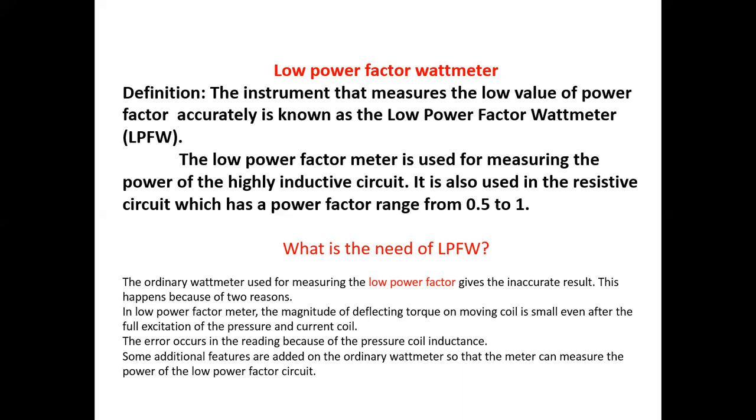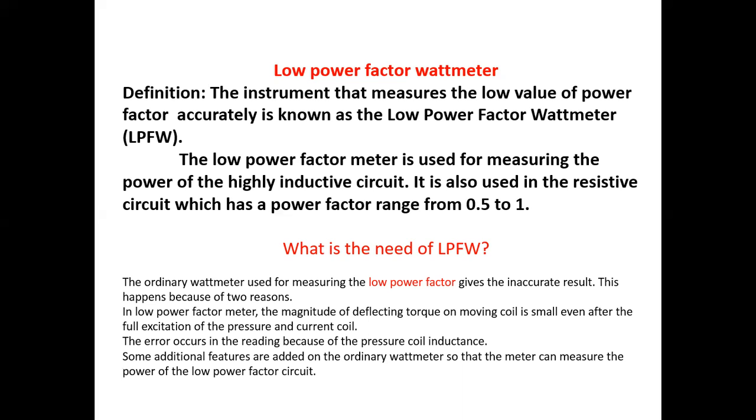The ordinary wattmeter used for measuring low power factor gives inaccurate results. This is because of two reasons. Suppose we use the general wattmeter, that is, the unity power factor wattmeter, for measuring a low power factor, meaning an inductive load. Then the result will be inaccurate because of two reasons.